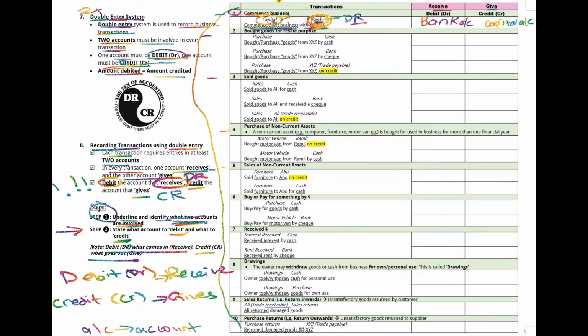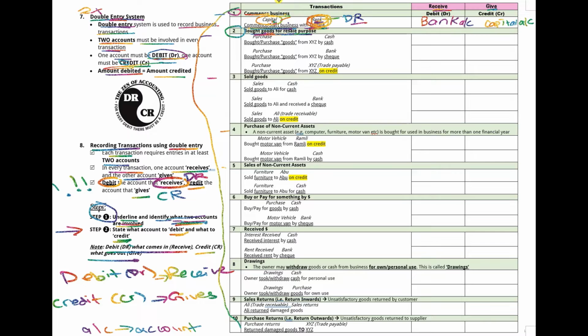Next, these are the second categories. When you buy goods for resale purpose, normally a business buys goods at a certain price and then sells them higher than the cost in order to make a profit. So these goods are for resale purpose.